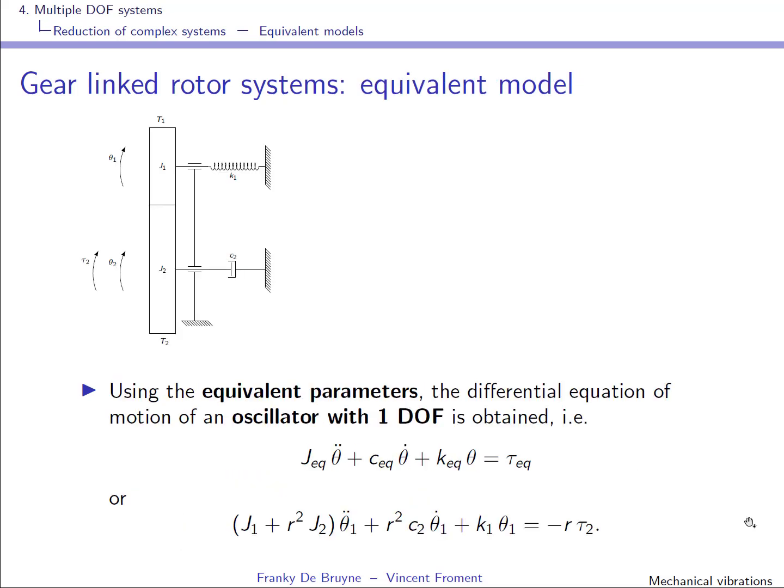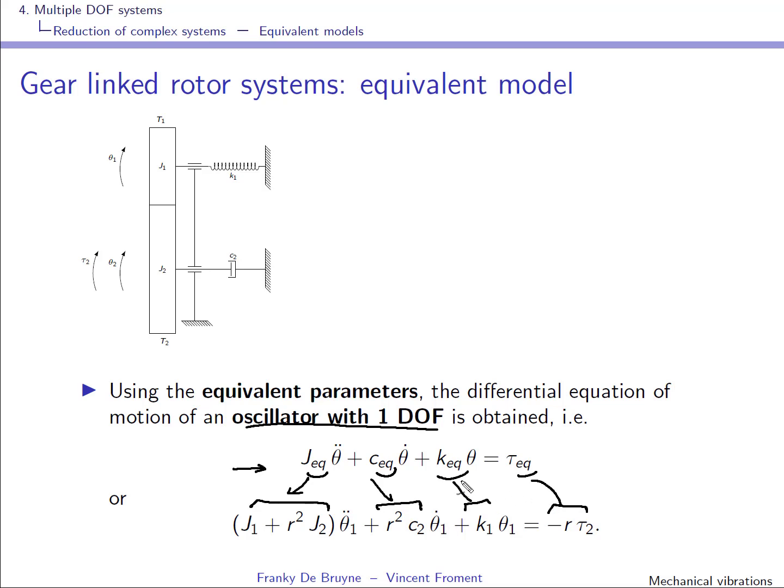So we've found equivalent parameters for the moment of inertia, for the damping coefficient, for the stiffness, and for the torque, and this allows us to write an equivalent model, which is an oscillator with 1 degree of freedom, and you have the expressions here for the different parameters and for the equivalent torque.